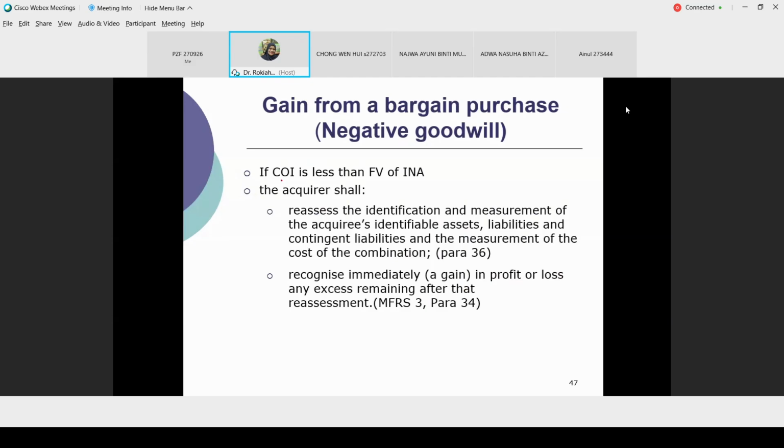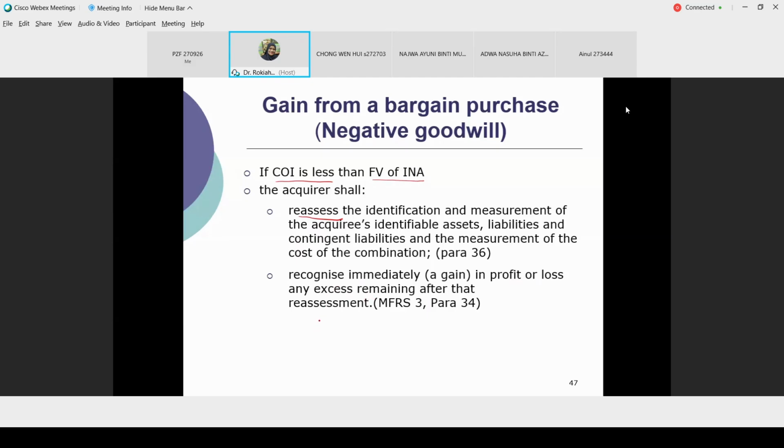In the case when the COI is lower than the fair value of net identifiable asset, the acquirer needs to reassess the identification and measurement of the acquired identifiable assets, liabilities and contingent liabilities, and the measurement of the cost of combination. After the reassessment, any excess remaining needs to be recognized immediately in profit or loss.